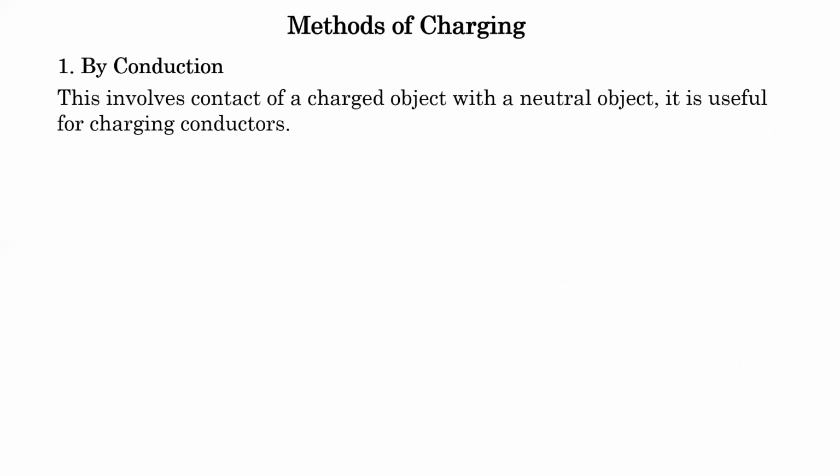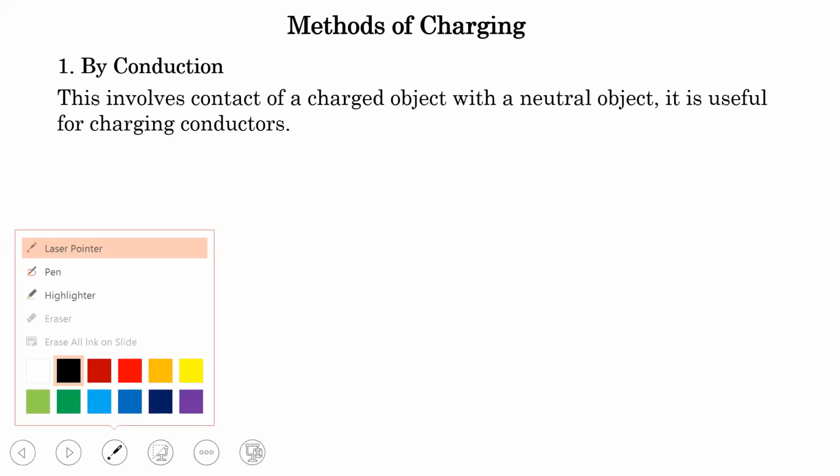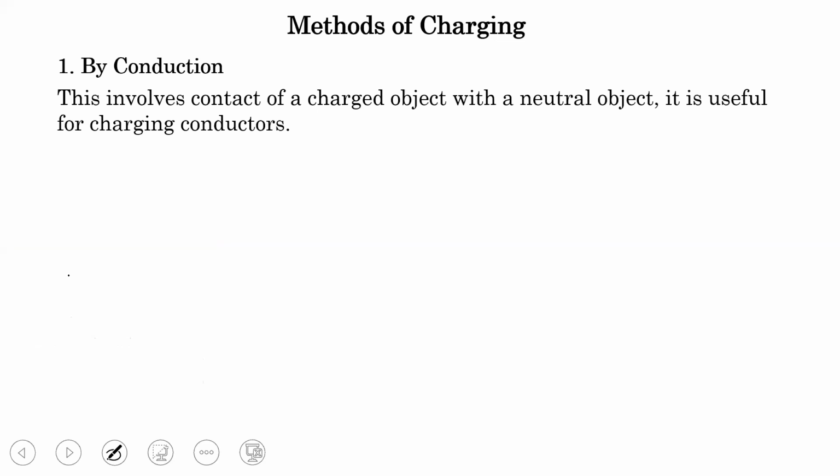So, methods of charging. We have different methods of charging. One is by conduction, which involves the contact of a charged body with a neutral object, and it is useful for charging conductors. You have an object that is charged, and a neutral object. A neutral object is one that has an equal number of positive and negative charges.